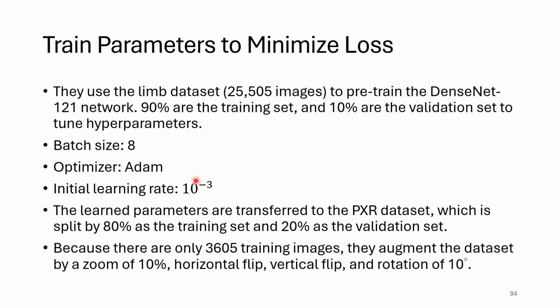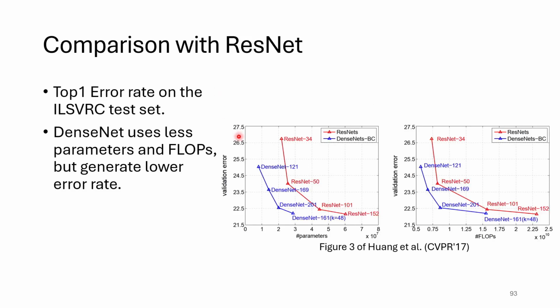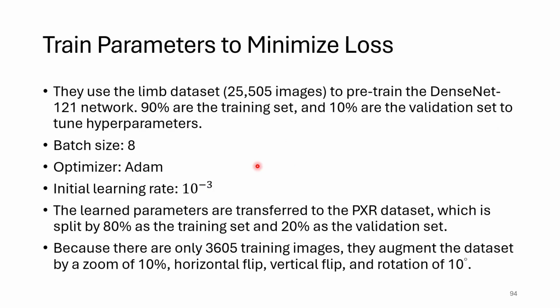However, even though there are 25,000 images, it is still not enough, because if they use DenseNet 121, the smallest architecture in the DenseNet configurations, there are still 9 million parameters.